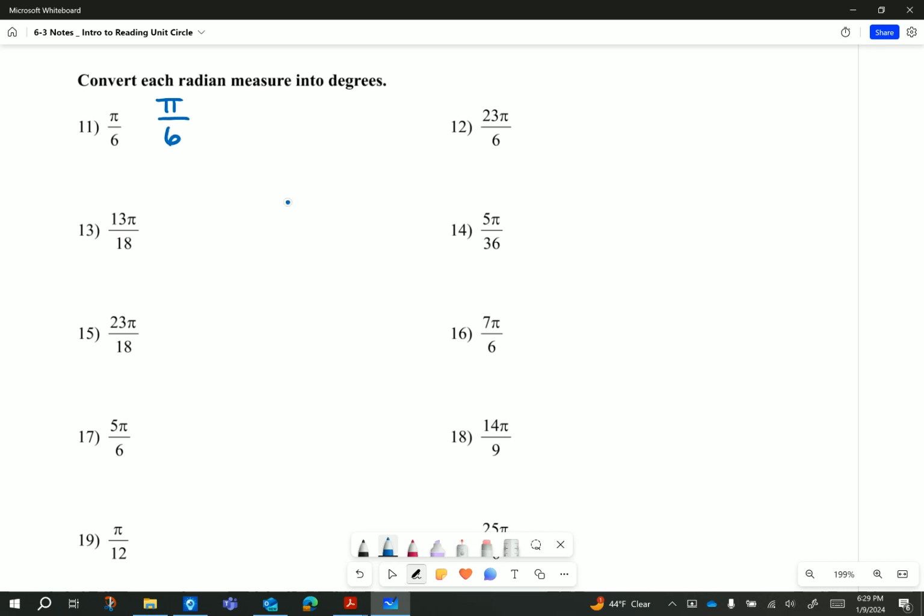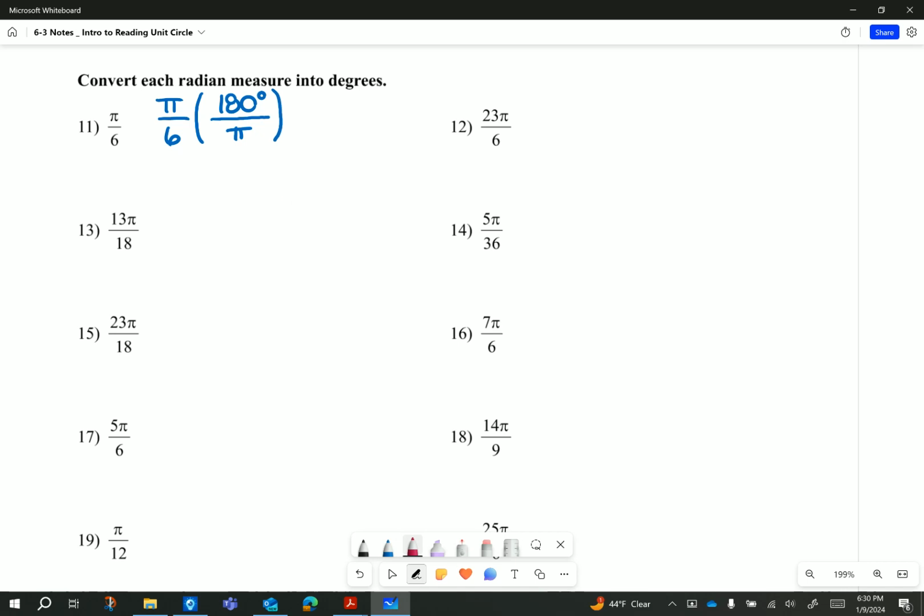Okay, and now what you're going to do is instead multiply by the ratio pi in the denominator and 180 in the numerator. Okay, so notice how you flipped. Upstairs it was pi over 180, and now it's 180 over pi.